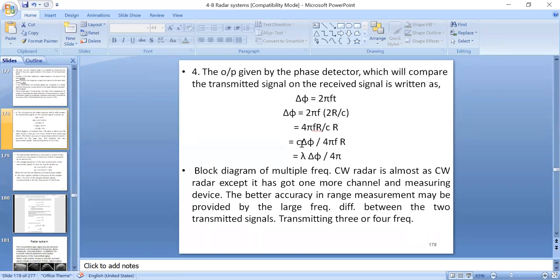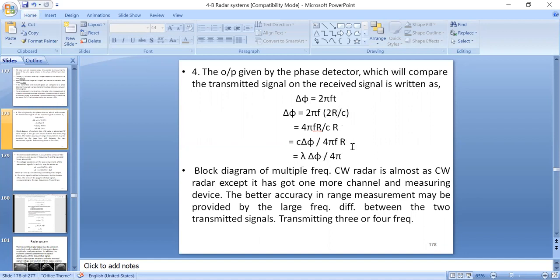So from this you can write the range r: del phi is equal to 4 pi f r by c, so r is equal to c del phi by 4 pi f. Expressing c by f in terms of lambda, it becomes r is equal to lambda del phi by 4 pi.